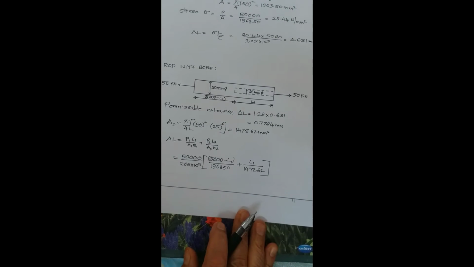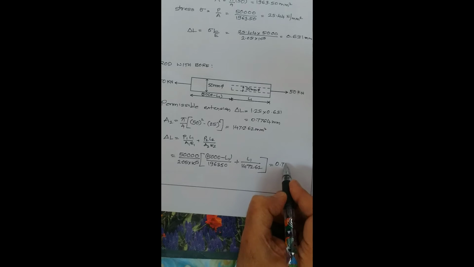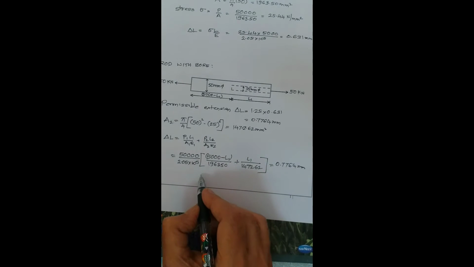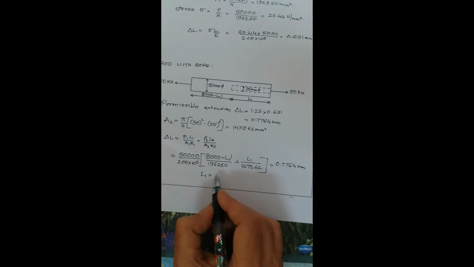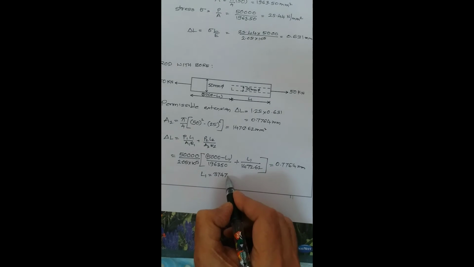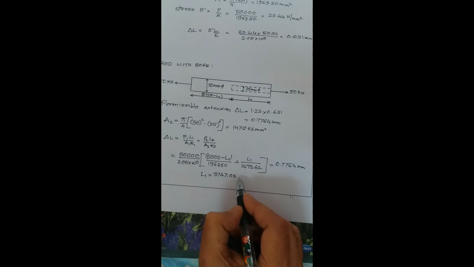So this should be equated to the permissible extension, that is 0.7764 millimeter. On solving this you get L1 equal to 3747.05 mm.